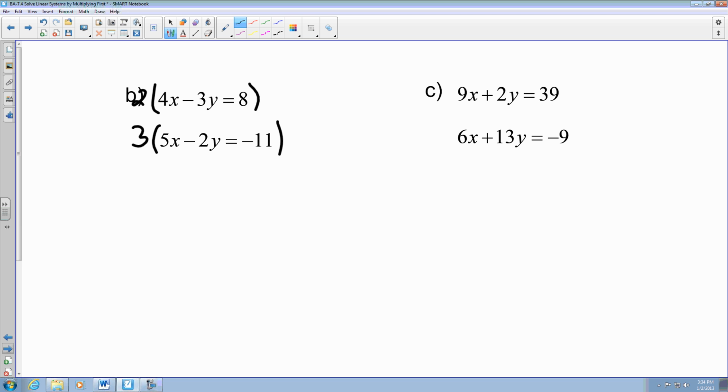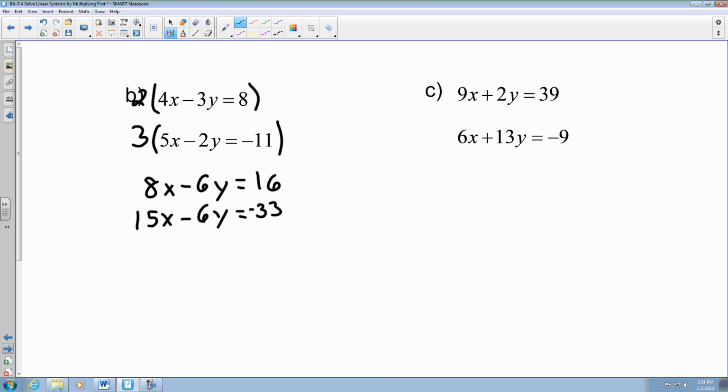Once I distribute it out, I'm going to have 8x minus 6y equals 16. And for the bottom equation, I'm going to have 15x minus 6y equals negative 33.